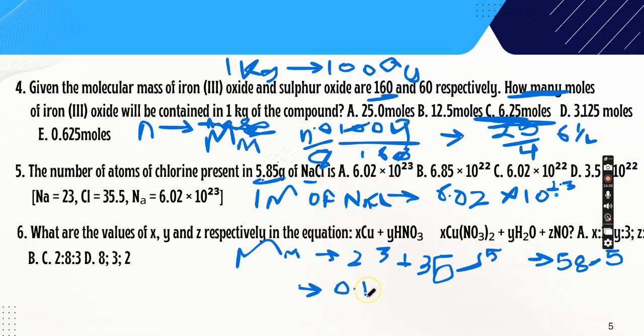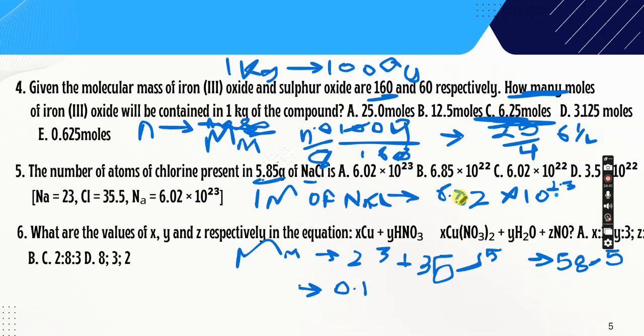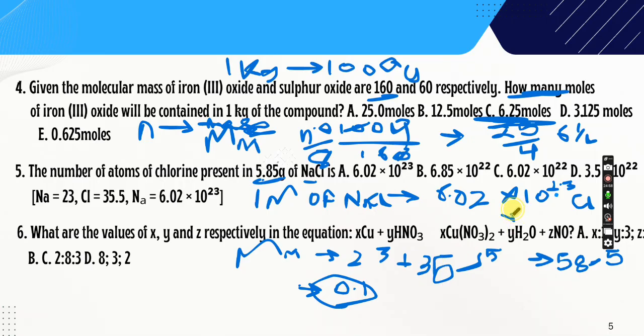0.1. So since 1 mole of NaCl contains 6.02 times 10 raised to the power 23 atoms of chlorine, definitely 0.1 mole of NaCl is going to contain this particular number multiplied by 0.1.